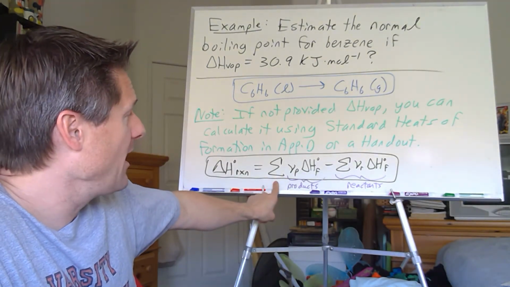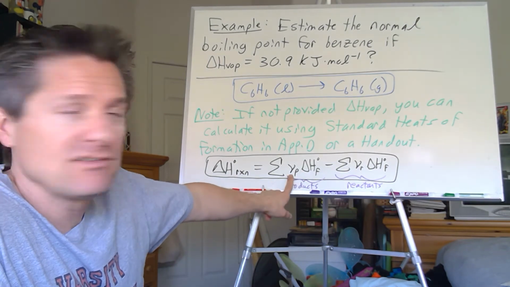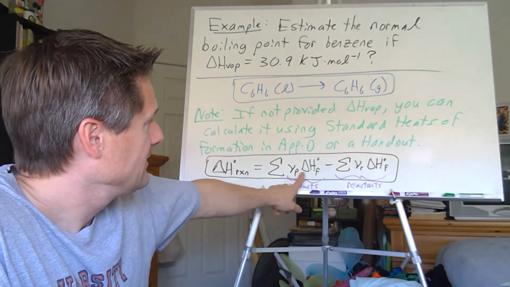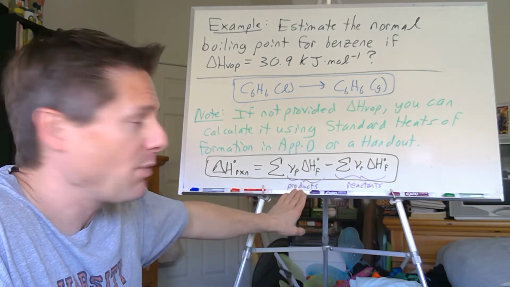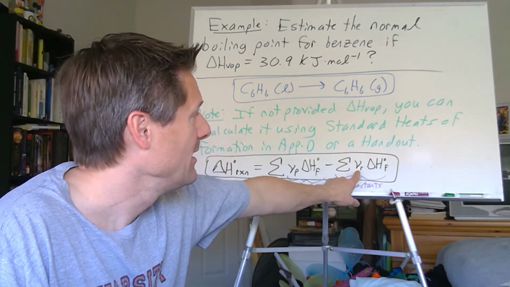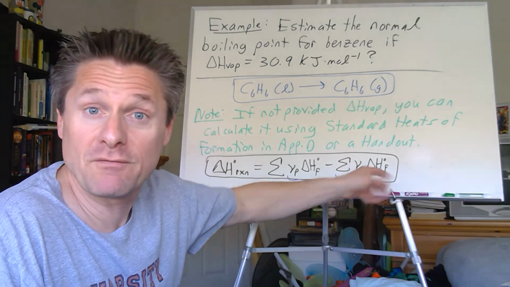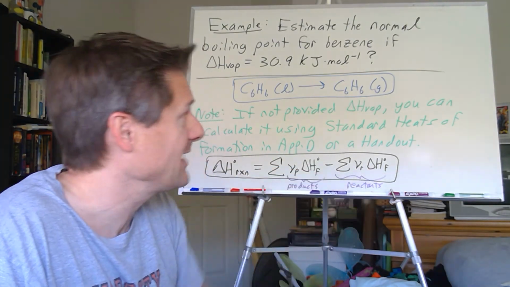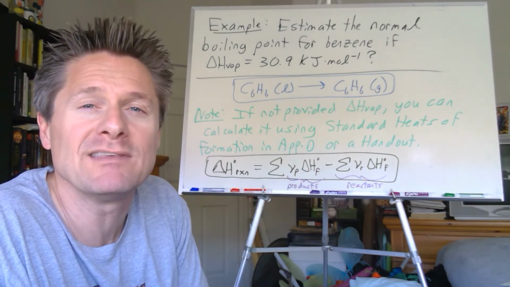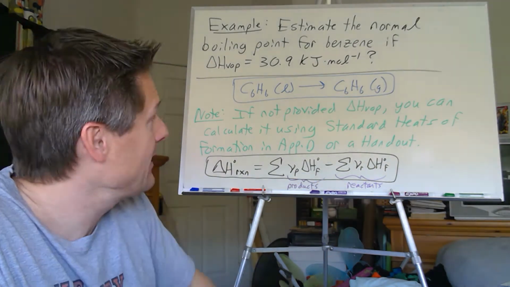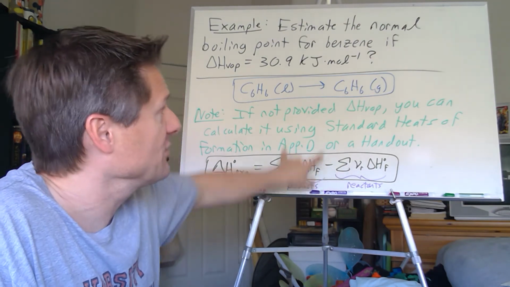It's just the sum of the stoichiometric coefficient times the standard heat of formation of your products, minus the sum of the coefficient from the equation times the standard heat of formation of your reactants. So you look at these standard heats of formation for your product and reactant species in Appendix D or on my handout, and the stoichiometric coefficients come from the equation.